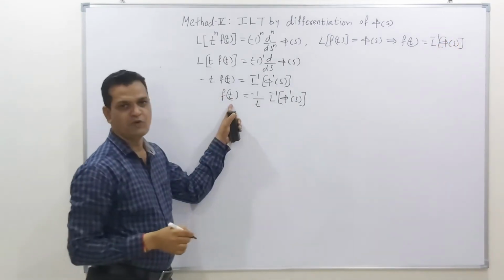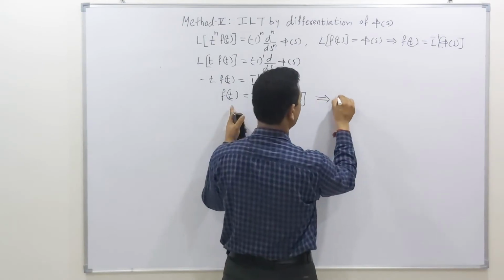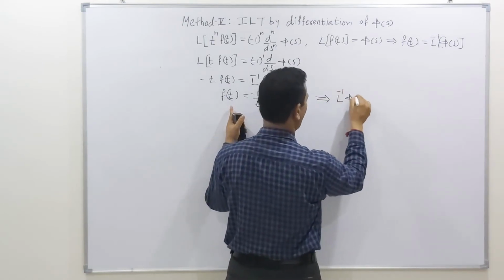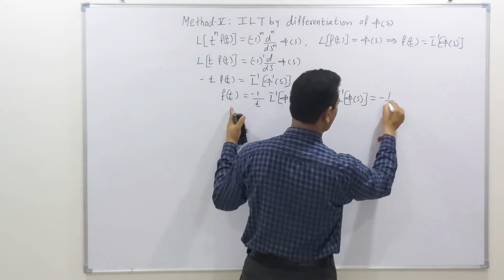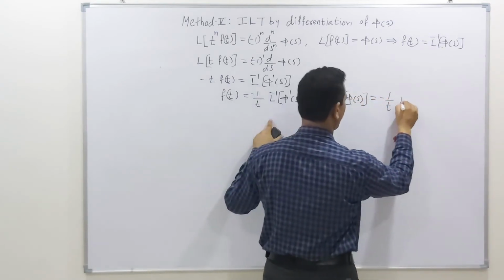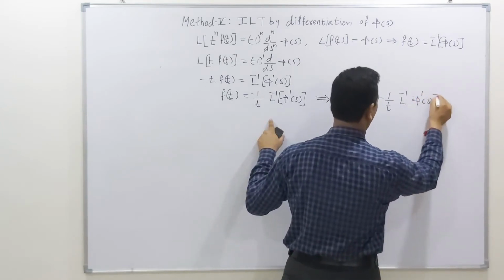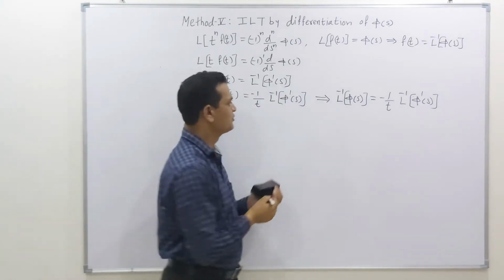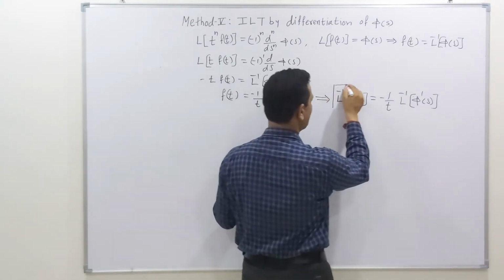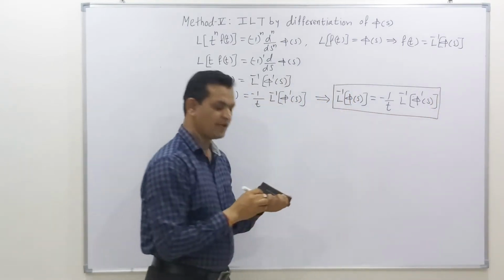If we put the value of f of t equal to this term, we get the final result: the inverse Laplace transformation of phi of s is equal to minus 1 upon t into the inverse Laplace transformation of phi dash of s. Now friends, this result is useful to solve examples based on the inverse Laplace transformation by differentiation.